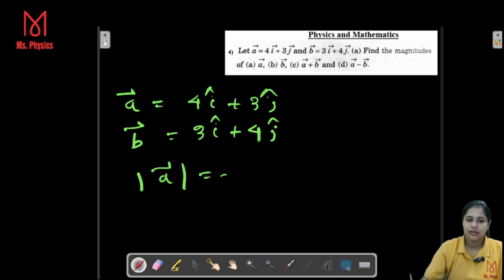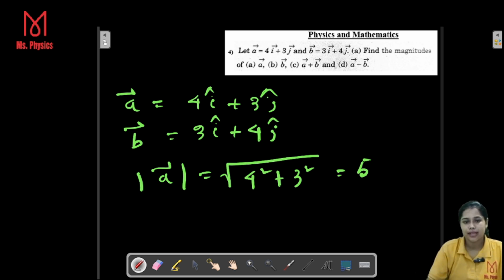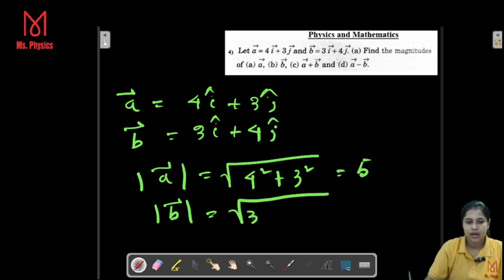To know it, root over of A square plus B square, that means 4 square plus 3 square. If you calculate it, you will get the value as 5. Next you have to find the magnitude of B. Again the same, under root 3 square plus 4 square, and if you do the calculation, you will get the value as 5.